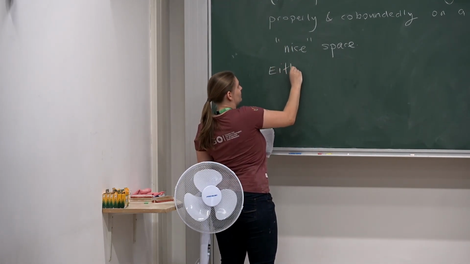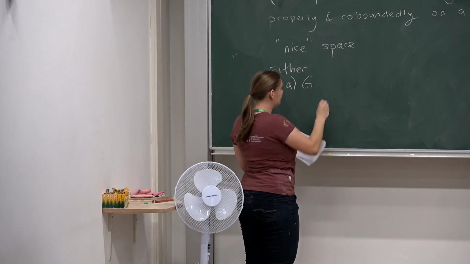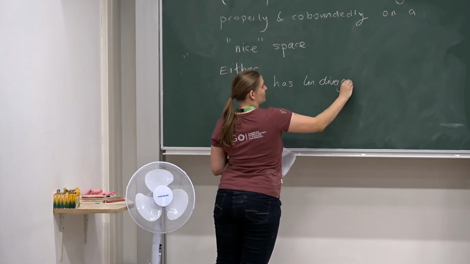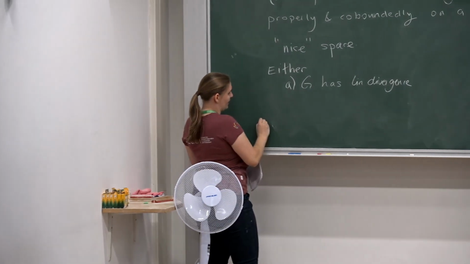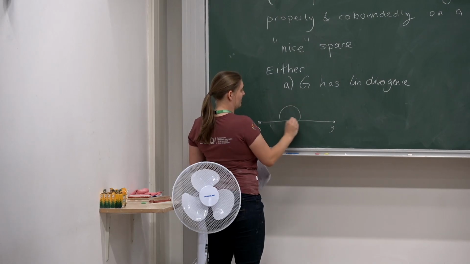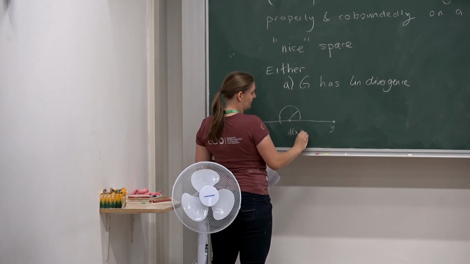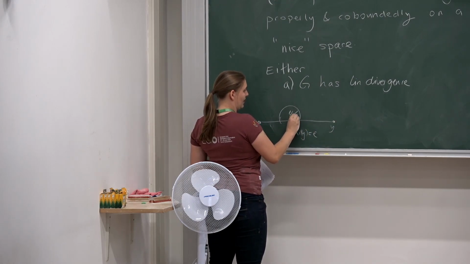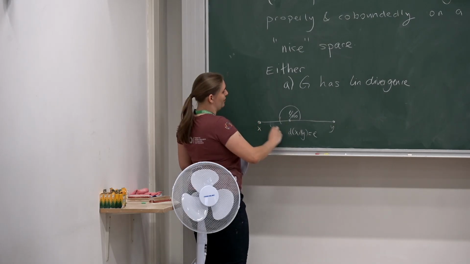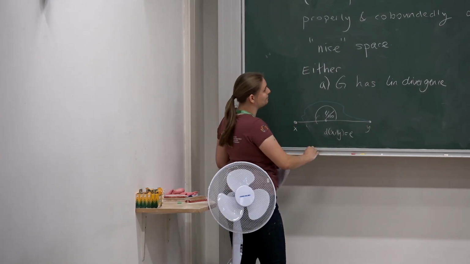Either A, the group has linear divergence, that is, if we have any two elements x and y, say with distance L, and the ball of radius L over 100 around the midpoint, then we can find a path from x to y that is linear in length of L and doesn't intersect this ball.